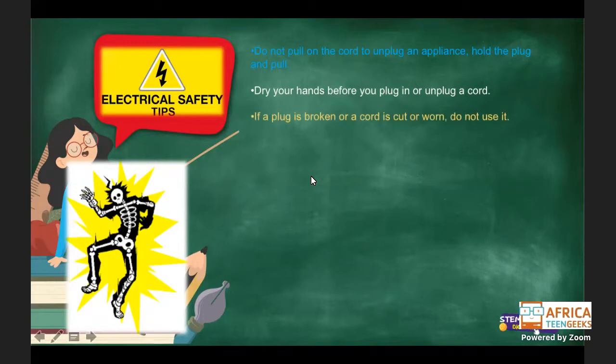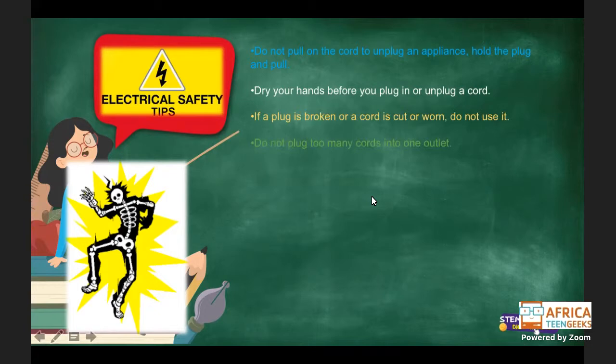If a plug is broken or a cord is cut or worn out, do not use that plug. If you see that an electrical cord or wire has a cut, do not use it.